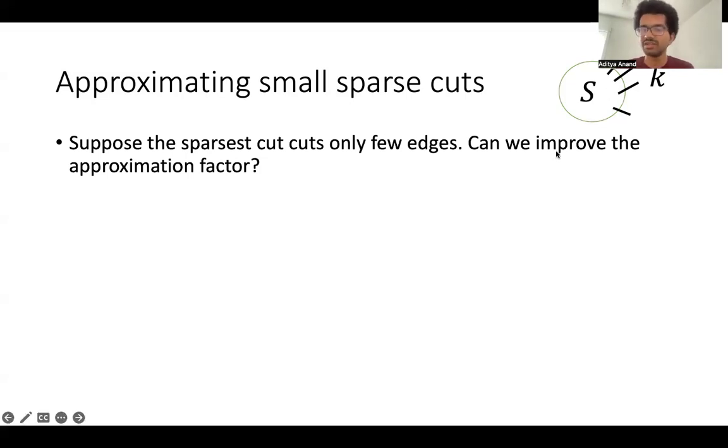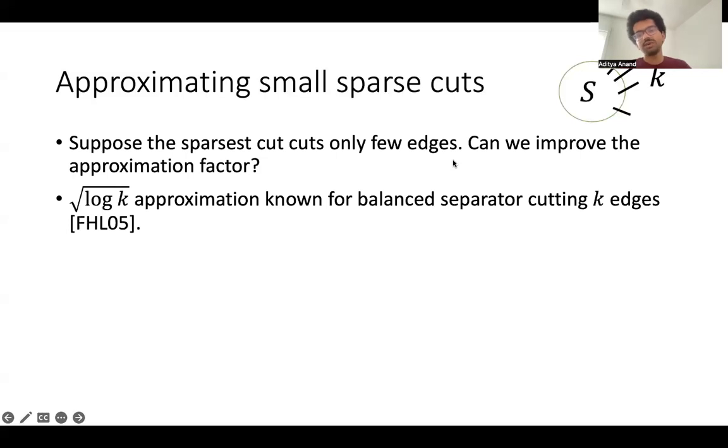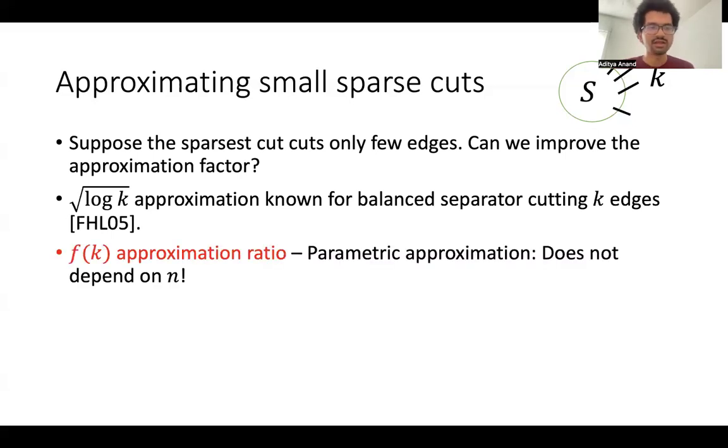So if k is actually pretty small, can we get a good approximation? It's also partly inspired by the balanced separator problem, because Feige, Hajiaghayi, and Lee showed in 2005 that you can get a square root log k approximation for balanced separator when k is the size of the optimal cut. So is such a similar result possible for sparsest cut?